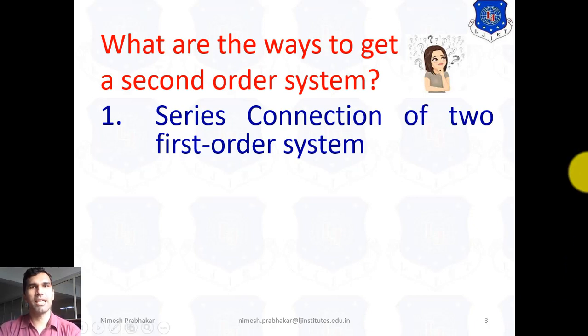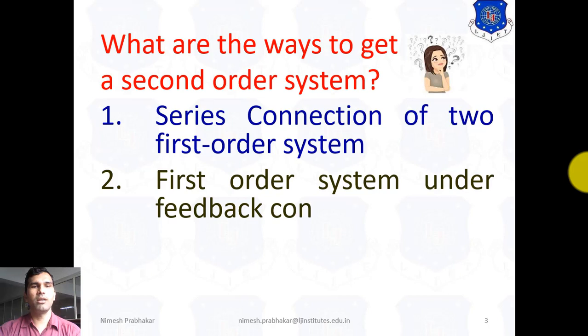The second way is a first order system under feedback control. That means if we give feedback control to a first order system, then that system becomes a second order system.